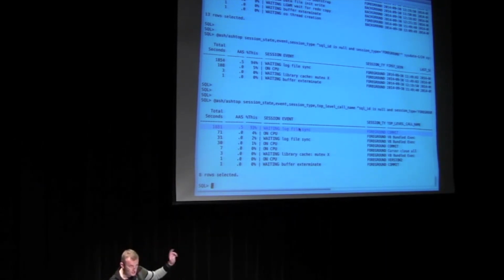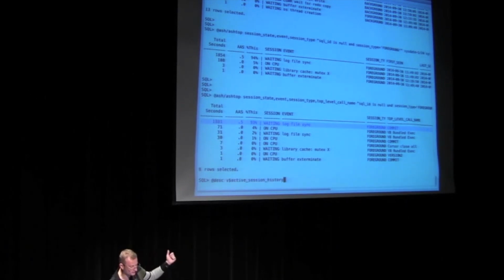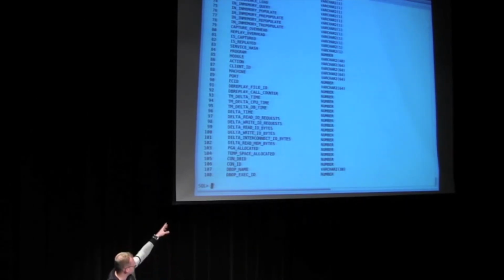So what I tried to show here is that I just wanted to remind you that ASH has a lot of very useful columns. If you feel intimidated by the list of these columns right now, then take some time and scroll through it in the documentation so you would know what other stuff we have in ASH.